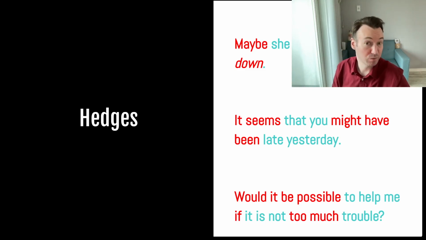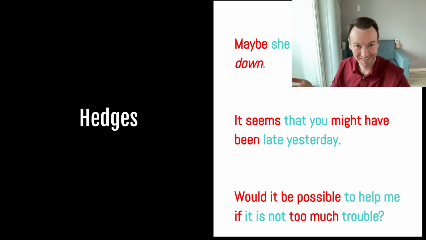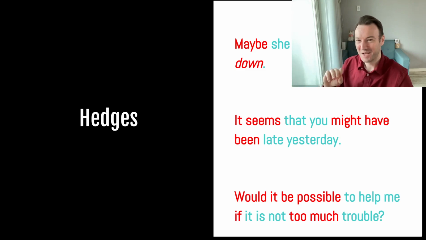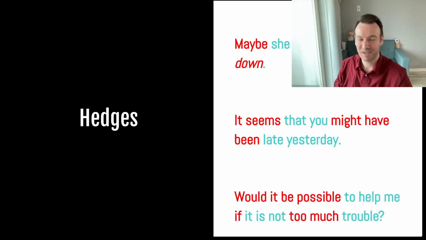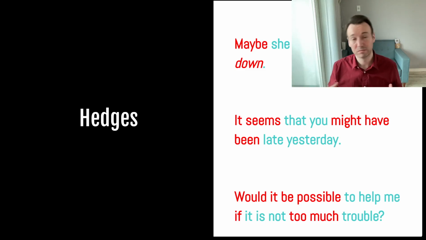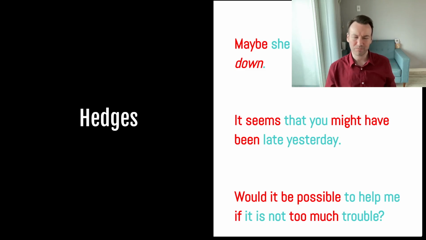If it's not too much trouble. So again, you are acknowledging it is trouble. It is a burden. But you're adding in this other language, too much trouble. If it's not too much trouble. Okay, so would it be possible? You are softening your sentences.